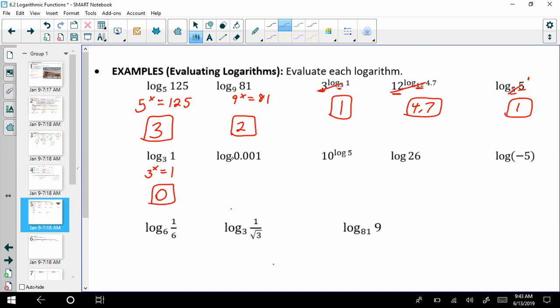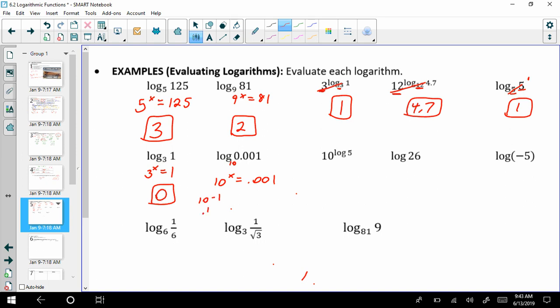Next one, notice how there's no base number denoted. If you want, we're going to write in a 10. It's a 10 if there's no number there. So this is asking 10 to what power gives me a decimal out? Well, if I'm getting a decimal out, that means this 10 would have to move to the denominator. So what if I try like 10 to the negative 1?